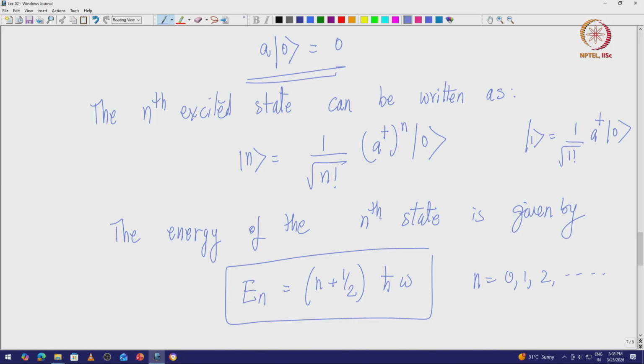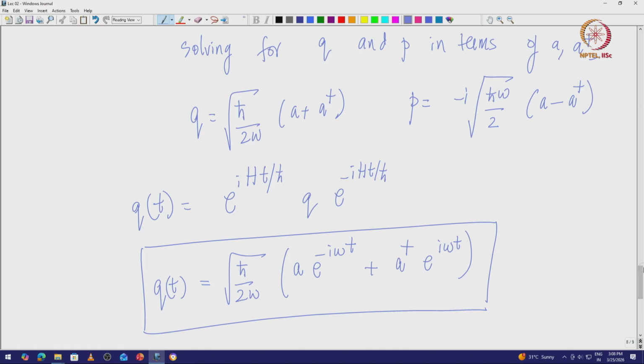And finally, I made a small remark that if you want to go back to the Heisenberg picture and see how the time evolution works, instead of seeing it in the state, we have to see it in terms of the operators. For that, I derived these formulas, because you have to write Q in terms of A and A dagger, and you see that both the A and A dagger operators also evolve in time, and accordingly Q and P will change with time.